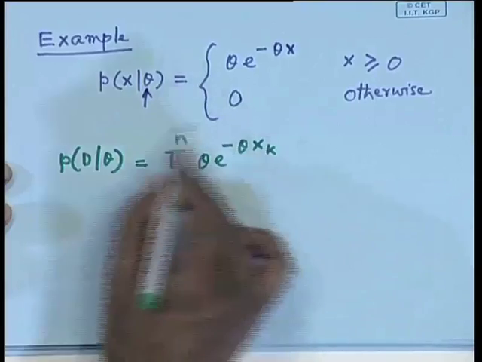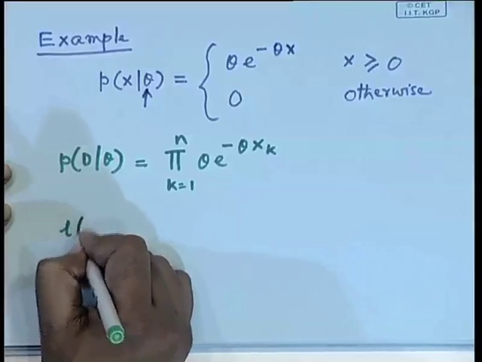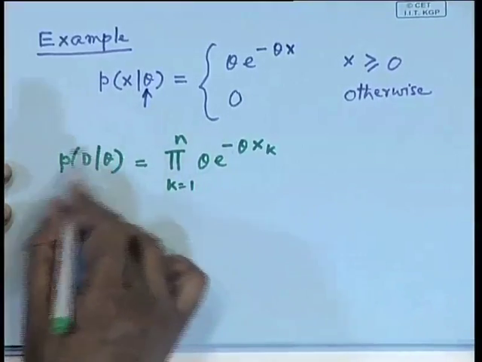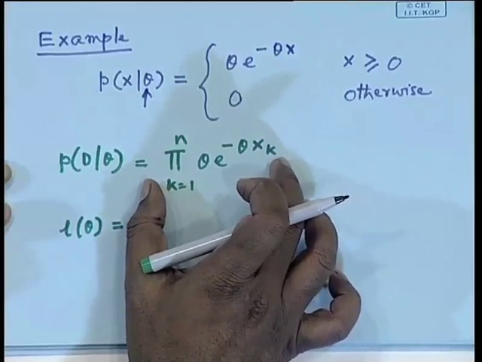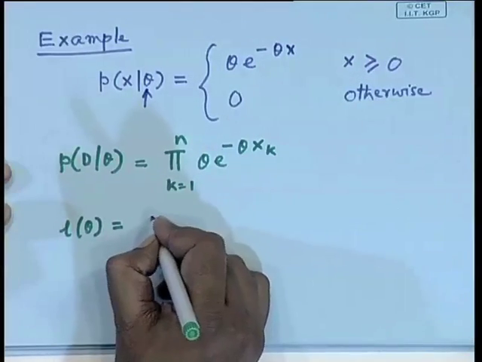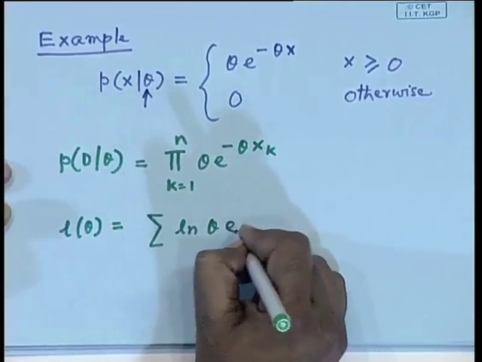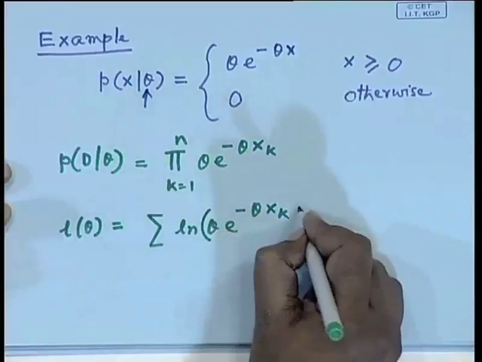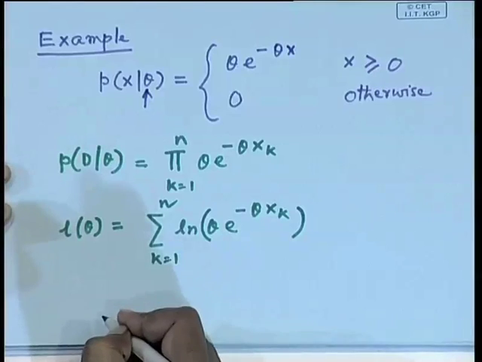Once I have this likelihood, I find out the log likelihood L theta, which is nothing but the logarithm of this. So, the product term will be converted into a summation term. So, what I will have is the sum of ln of theta e to the power minus theta x k, where k varies from 1 to n.